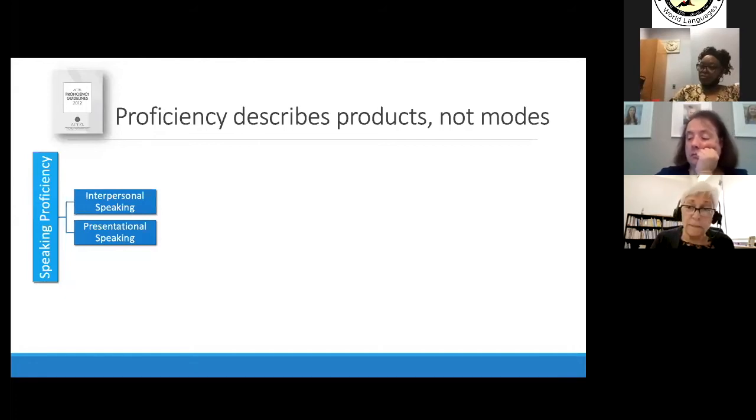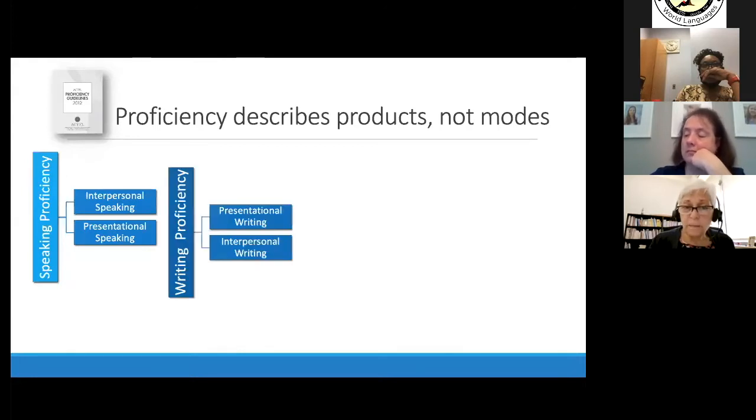So for example, in the section on speaking proficiency, the guidelines describe products of interpersonal speaking and products of presentational speaking. In the section on writing proficiency, the guidelines describe presentational writing and interpersonal writing.